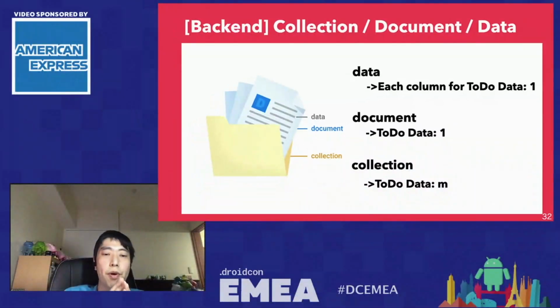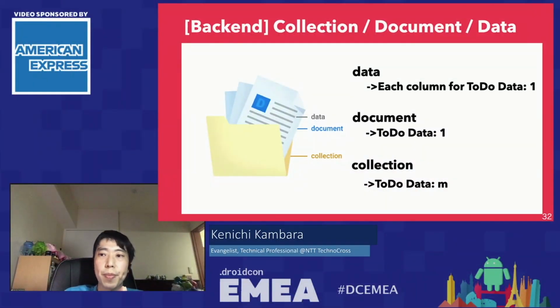The next important point is the Firebase important technical terms: collection, document, and data. These are very important terms. My to-do app must keep multiple to-do data for each user. The first term is data. It means each column for one to-do, such as the to-do's title, date, or other single column. The second term is document.